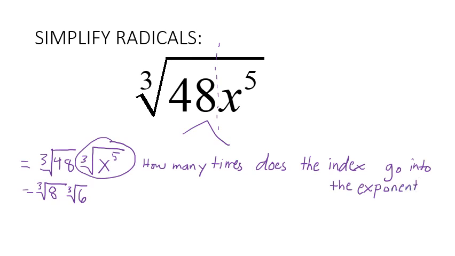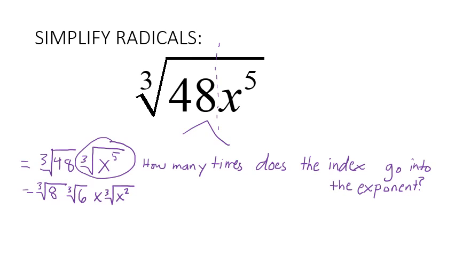Okay, in this case, our index is 3. 3 goes into our exponents one time. Okay, 3 goes into 5 once. So to simplify that, I have an x to the first power. I don't need to write to the first power. Inside the cube root, I still have an x squared. Okay, it reduced by 3. Okay, so the remainder inside our radical is 2.